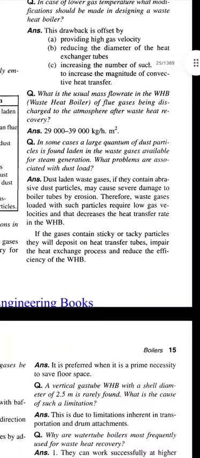Next question. In some cases, a large quantum of dust particles is found laden in the waste gases available for steam generation. What problems are associated with dust load? Answer. Dust laden waste gases, if they contain abrasive dust particles, may cause severe damage to boiler tubes by erosion.